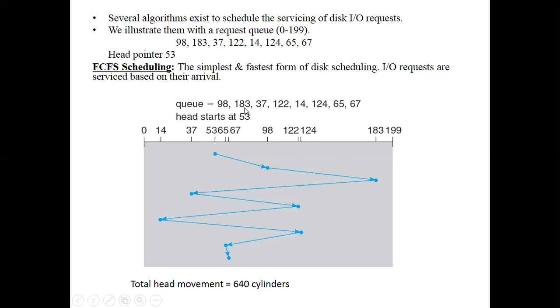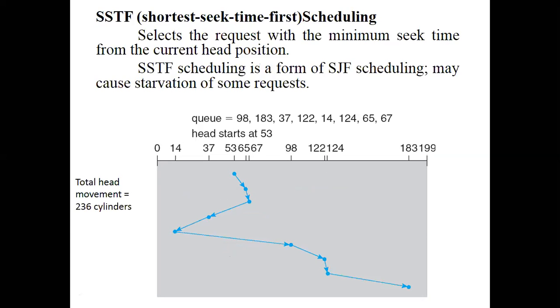And from 183, I am moving to the request 37. It is the third request in the queue. Like that, all the requests are satisfied in order. So this is a simple and fast disk scheduling algorithm.